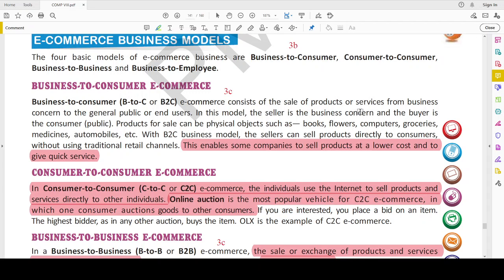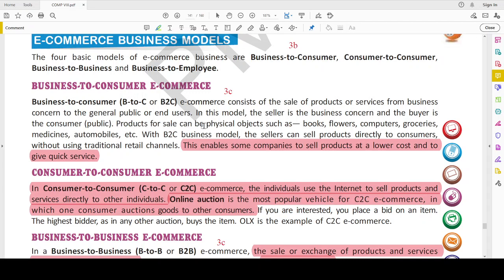In the case of the water purifier, the business concern may be Aquaguard or Eureka Forbes, and you are the buyer who is placing an order. Likewise, when you are purchasing groceries, the grocery store is the business concern and you are the buyer.